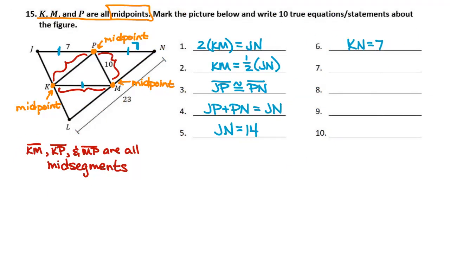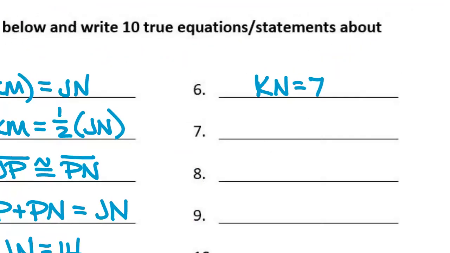All right, let's branch out now. What is another true statement we could make here? Let's look at something other than JN and KM. PM is equal to what? It's equal to 10. PM is equal to 10. If PM is 10, how big is JL?